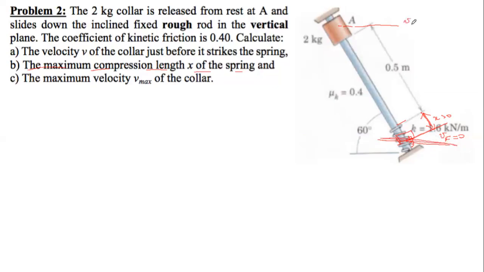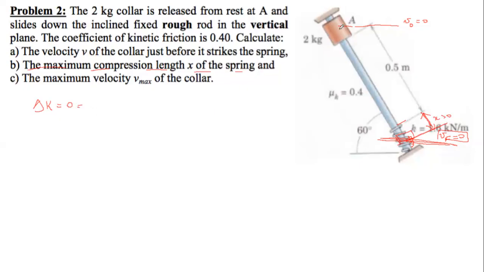So what is the initial kinetic energy? It is 0 because the initial velocity is 0. It dropped from rest. The final speed at maximum compression is 0, so the final kinetic energy is 0. So I will be using the work kinetic energy theorem. I'll say delta K, which is 0, is equal to the net work.